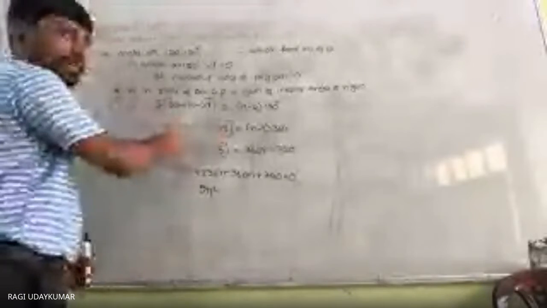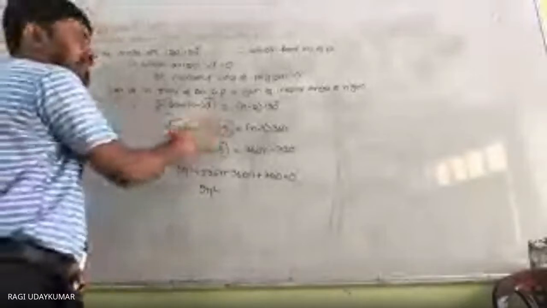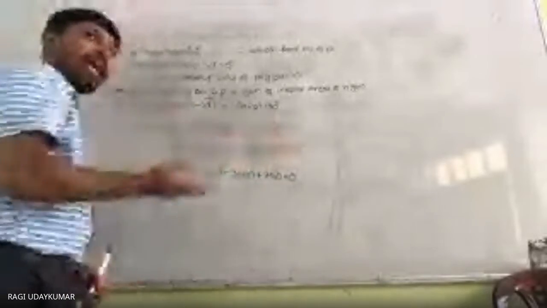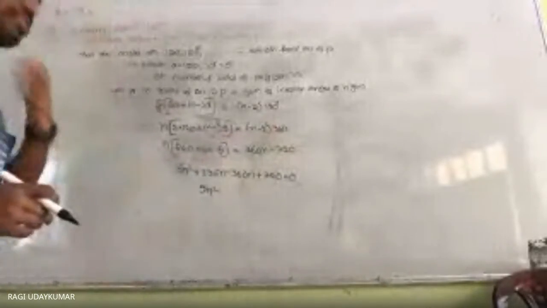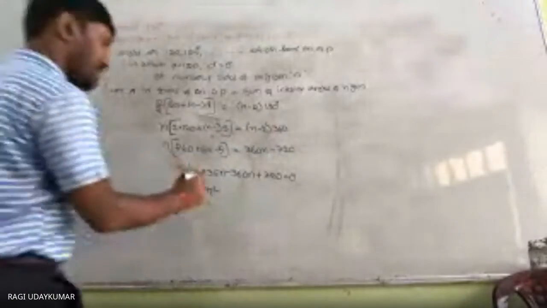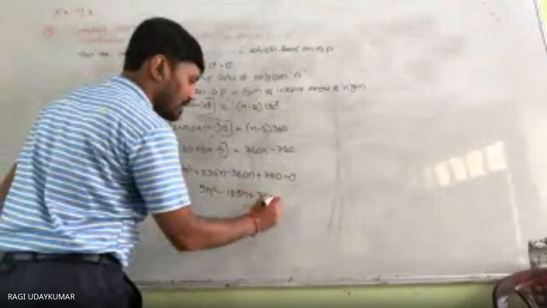5 also you can take the common here. Even if you are इधर ही common ले सकते हैं, इतना बड़ा करने की जरूरत नहीं. इधर से 5, इधर से 5 आएगा, ये 5 ये 720 से cancel कर सकते हैं. Okay, but in any way, 360 minus 235 is nothing but 125, minus 125n plus 720 is equals to 0.